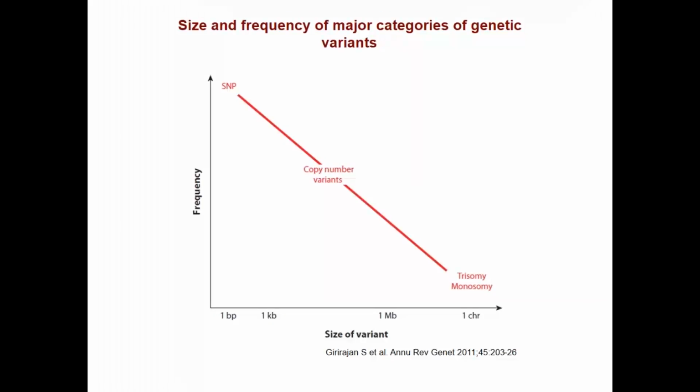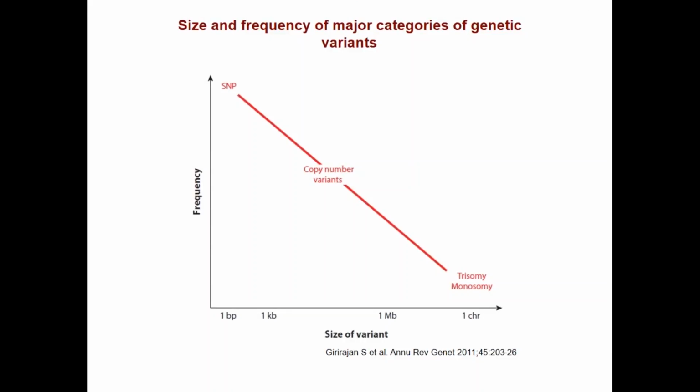Now, this figure shows you the size and the frequency of genetic variation in the human genome. It's a very simple figure, but it summarizes what kind of variation you can see in the human genome and how frequent it is. On one end, you have the base pair changes, like SNPs. These are very common and very small in size. Their effect on the phenotype can be big or small.